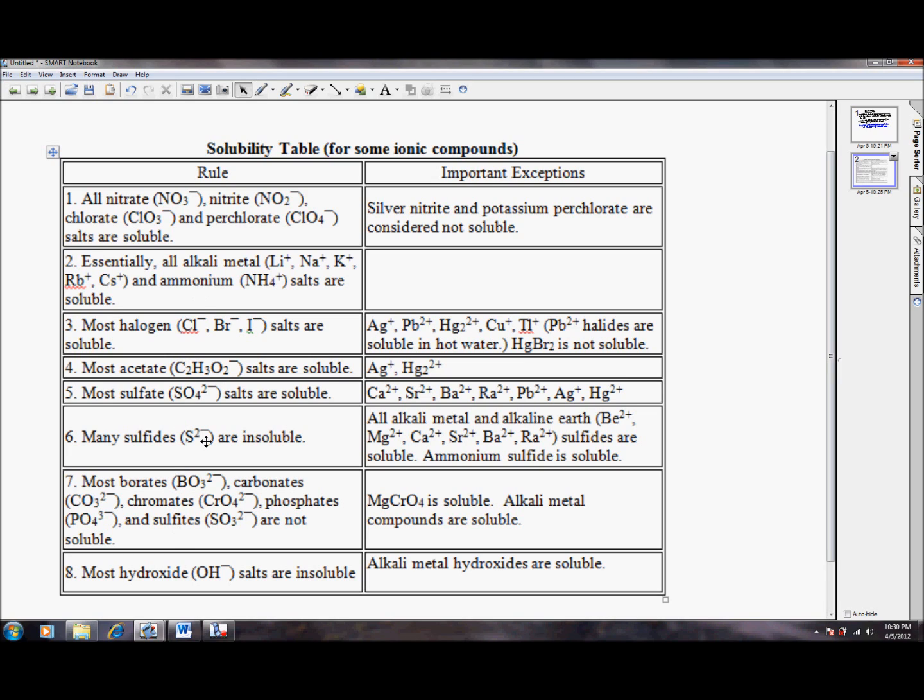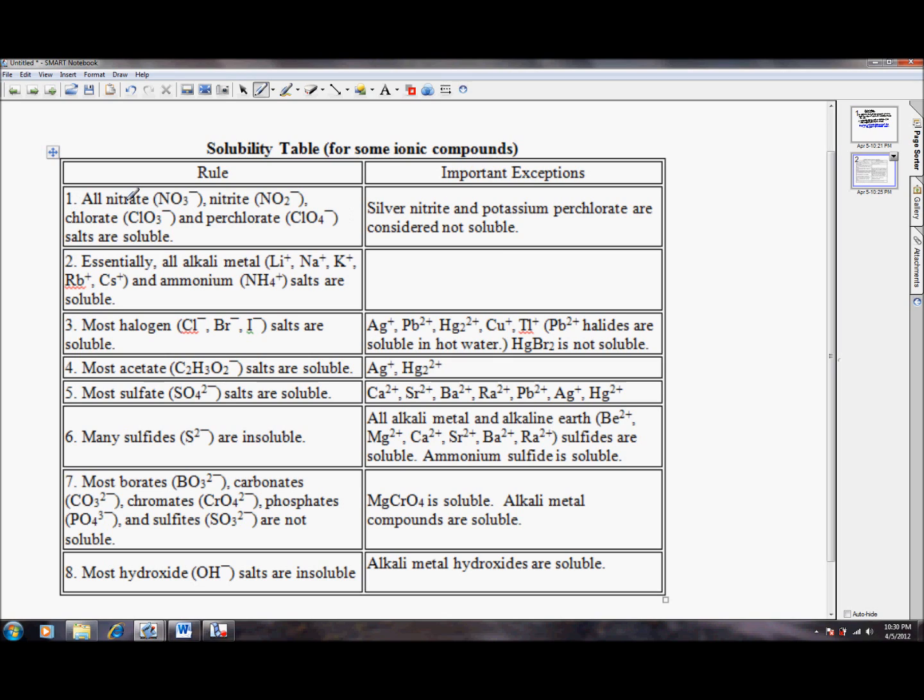One important thing to note is that the rules are listed in order of their importance, and a rule that is listed up higher will overrule one of the rules farther down that might seem to conflict with it. I'll give you some examples of that. The right-hand column lists very important exceptions to each rule that it is next to.